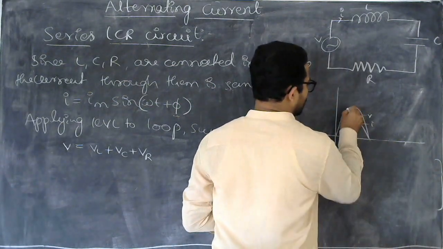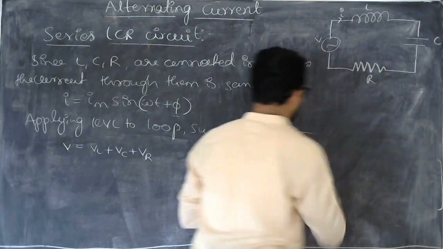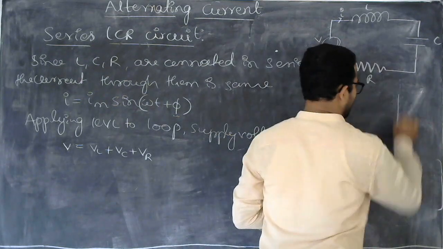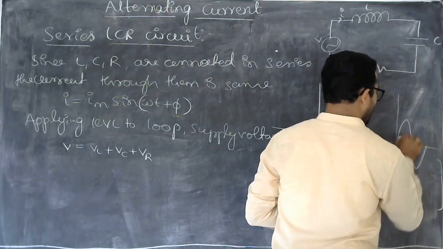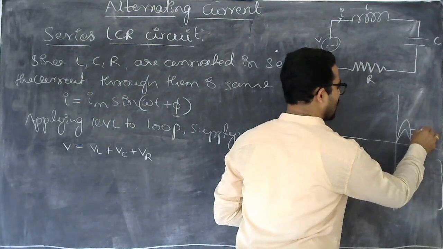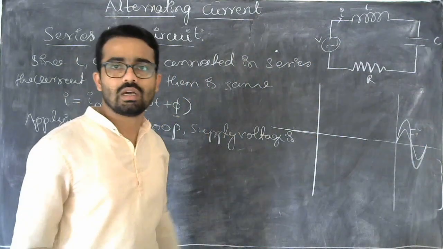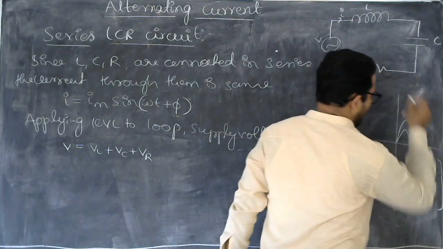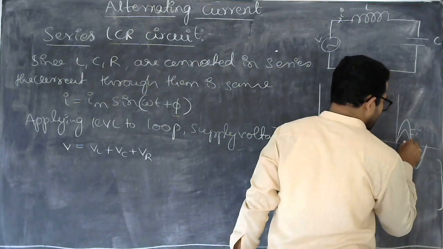According to the phasor diagram, if you take 2 points over here, let me draw here. See, this is a voltage and this is an I, and they are in phase with each other. This is in the resistor, and if you consider a capacitor, the graph will be like this.